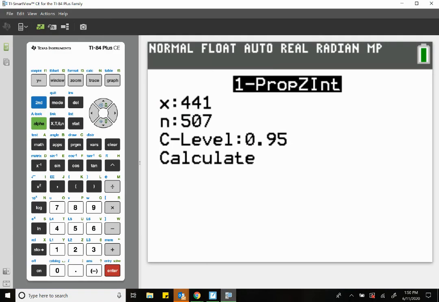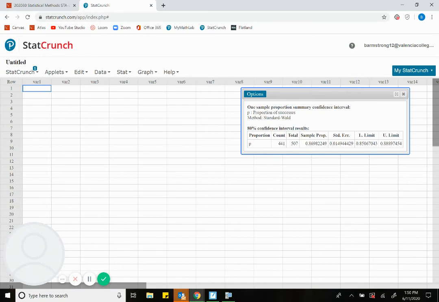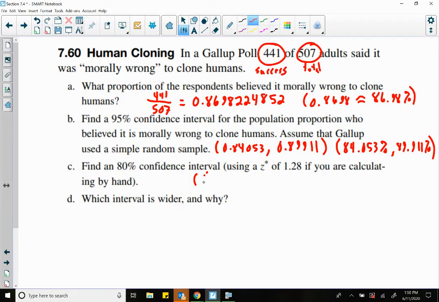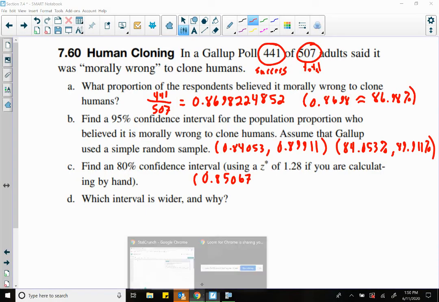So with 80%, we've got 0.85067. Make sure on that.